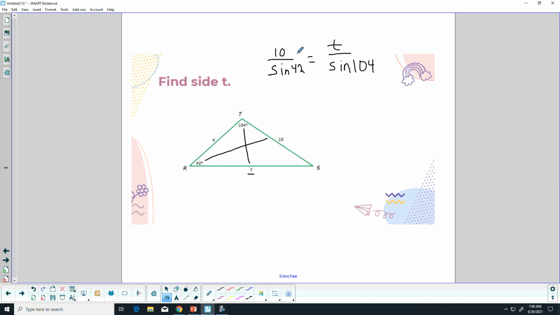And on that, I'm just going to cross multiply and then divide. So the sine of 104 times 10, and then divide that by the sine of 42, and I get 14.5.